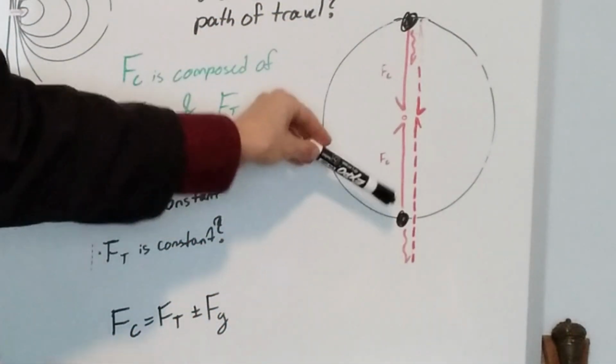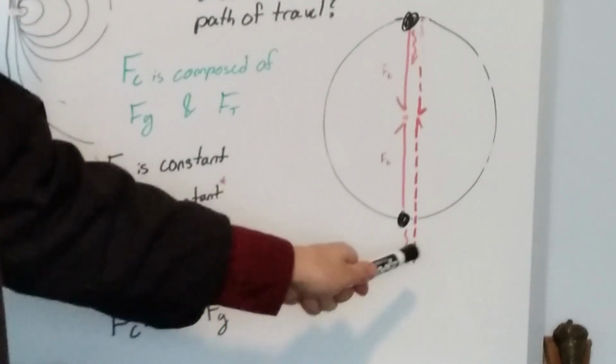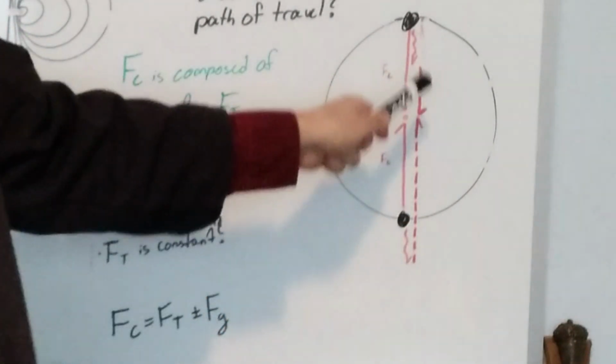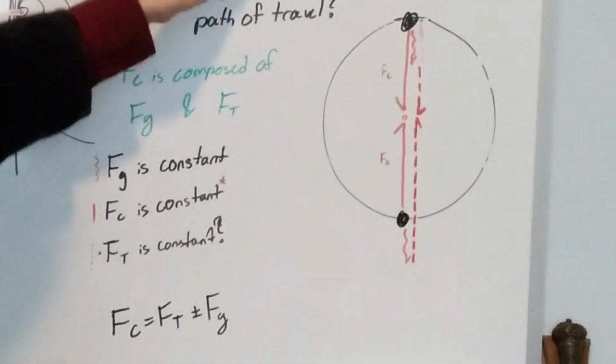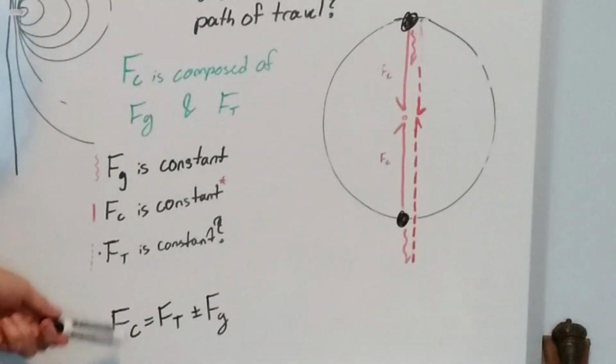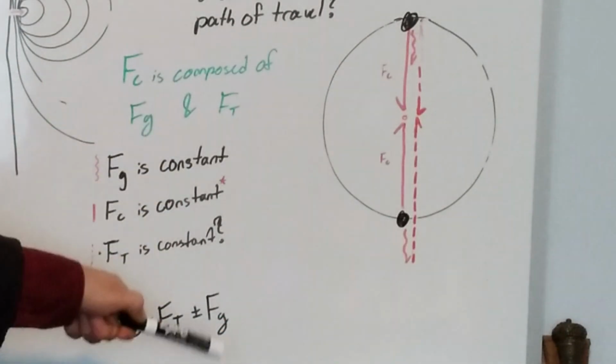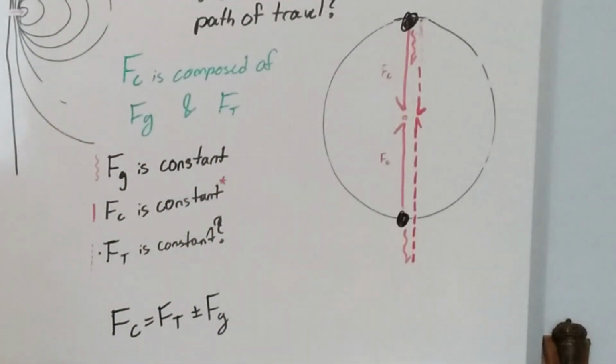But here, because gravity is always downward, this squiggly force of gravity is kind of working against the dashed force of tension. So to get the force of tension, it's the centrifugal force plus or minus the force of gravity. So it's kind of interesting that the string has different amounts of tension along its path of travel.